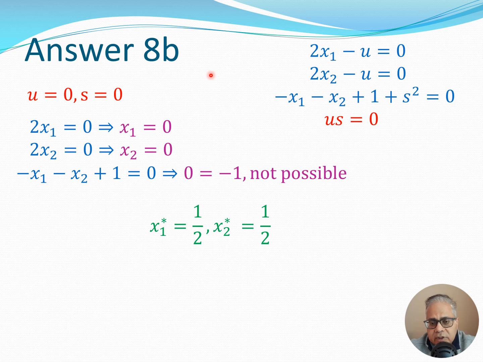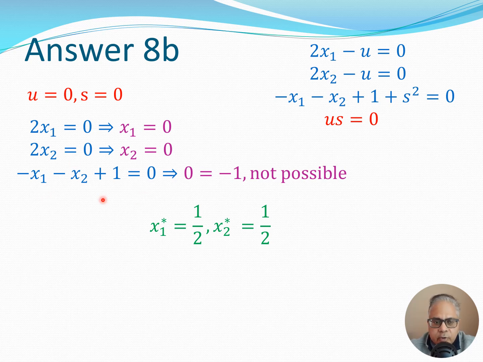Now we should also consider the third case, the possibility that u is 0 and s is 0. In this case I make this substitution here. I get x1 and x2 are 0 from the first two equations because u is 0, and then I put it in the third equation.